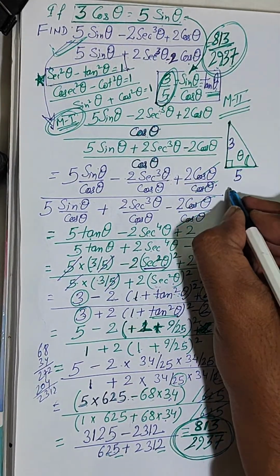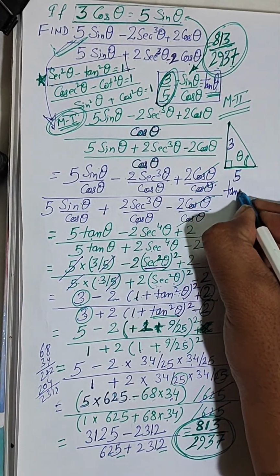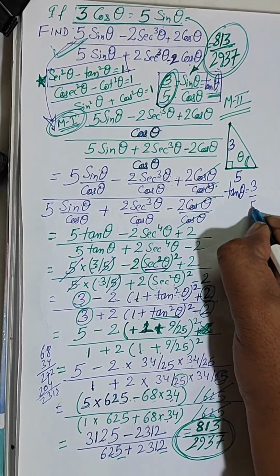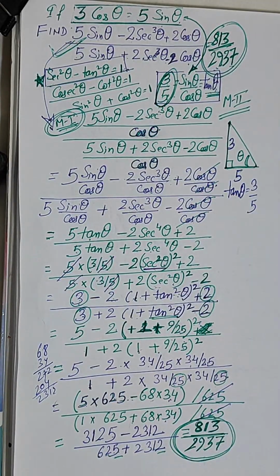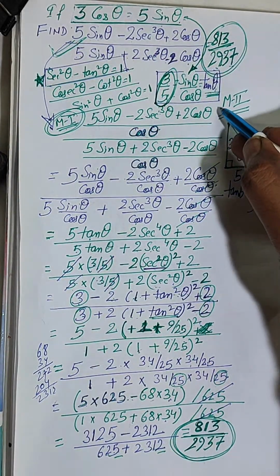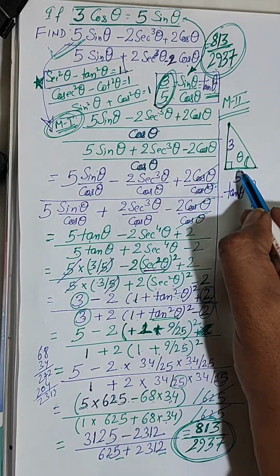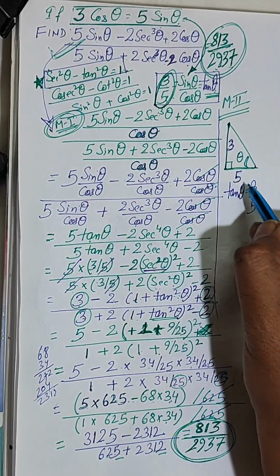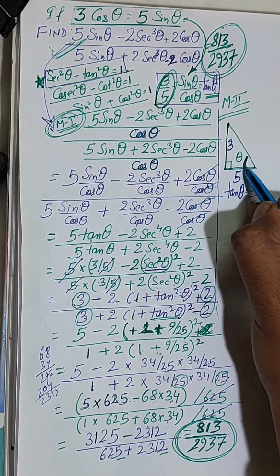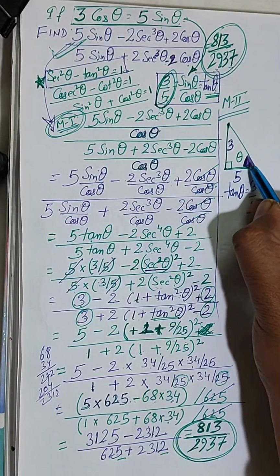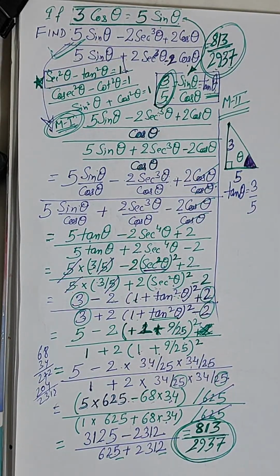This will only give tan theta equal to 3 by 5. I am just explaining method number 2. So this will give you tan theta as 3 by 5 if theta is this angle for the right angle triangle.